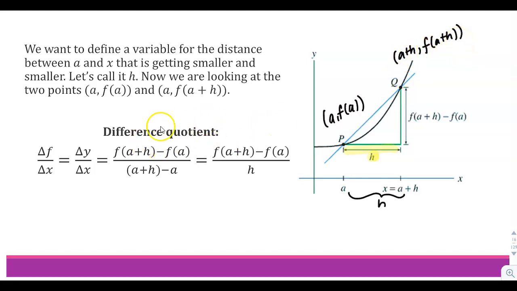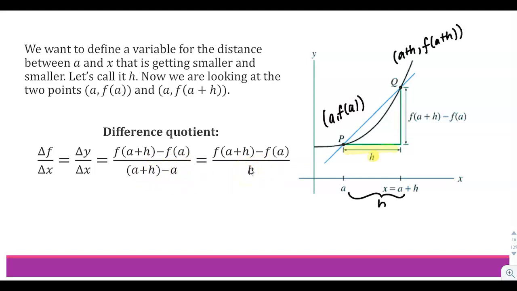And so our difference quotient is going to look a little different. This time, my y2 minus y1 is going to be f of a plus h minus f of a, that's the numerator. All over my x2 minus x1, which is a plus h minus a. But notice what happens in the denominator, a and minus a cancel, and I'm going to get just an h on the bottom.